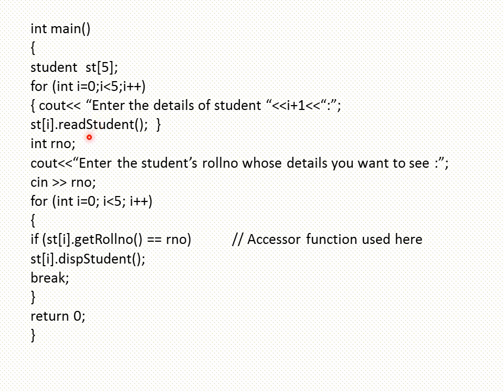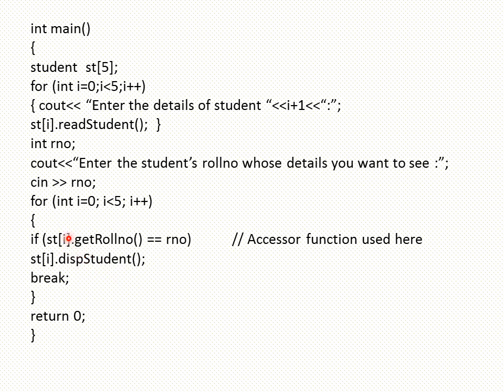After the loop is over, one variable is being declared here, r no, and the next statement asks you to enter the student's roll number whose details you want to see, and we are entering a roll number. Again the for loop is being written here, and this if statement compares the student roll number with the given roll number.